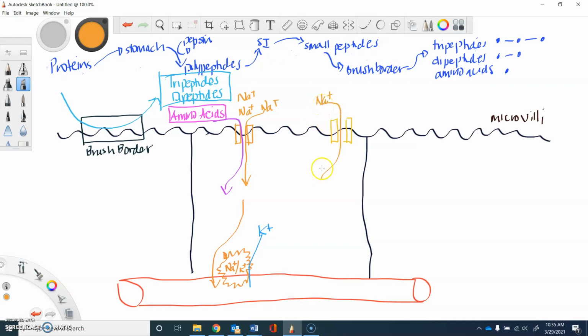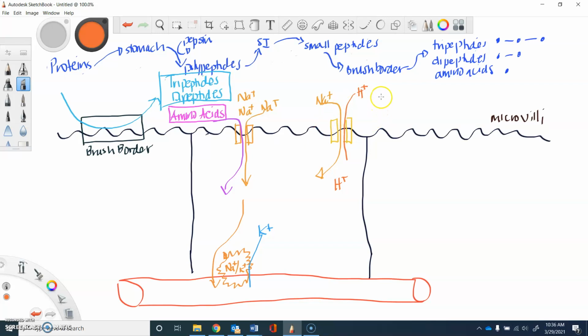So it brings in sodium here, and it pumps hydrogens out. So we're getting sodium in, and it's forcing hydrogens out. It's kind of like a trade between two positive ions there.